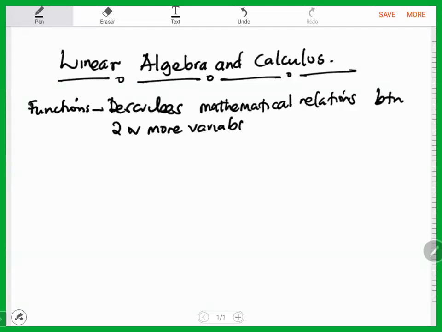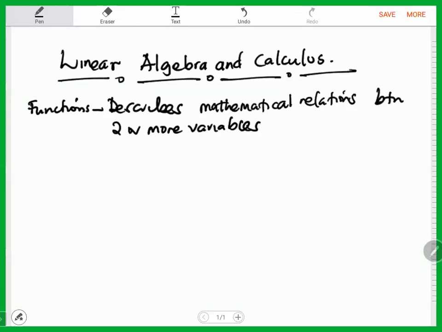So with a function, you would expect that you have a relationship, and this relationship has been expressed quantitatively. It is not so very different from an equation, which we say is a function that specifies an exact relationship between two or more variables.